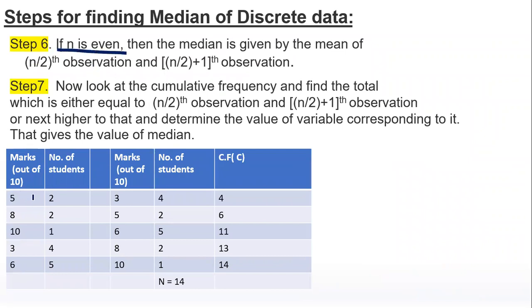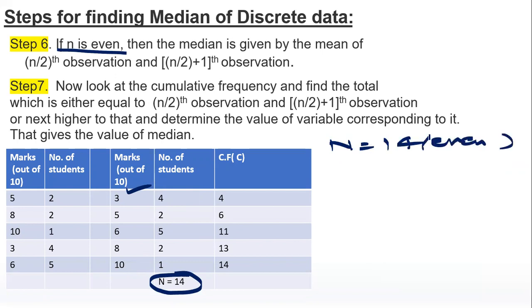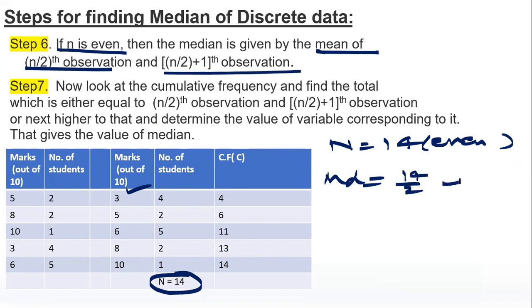I have taken another example, in which I have already arranged the data in ascending order, and the total is 14. Now, if n is even, then the median would be the mean of the n upon 2th observation and the (n upon 2 plus 1)th observation. That is 14 upon 2, and 14 upon 2 plus 1, divided by 2.